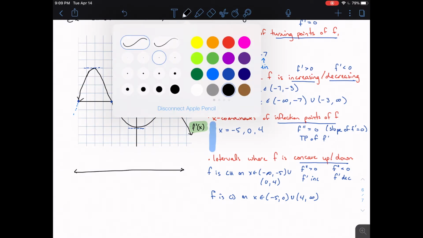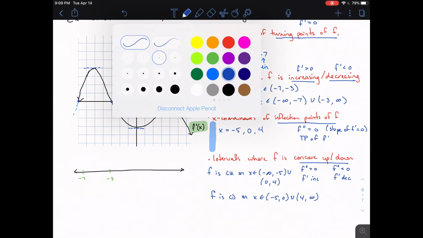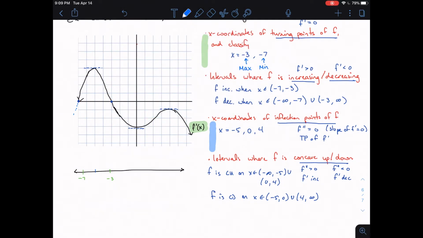You'll see why in a minute. So if I start to organize these from least to greatest, I lay out my turning points at -7, -3, and then lay out my inflection points, let me pick a brighter blue, at -5, 0, and 4.